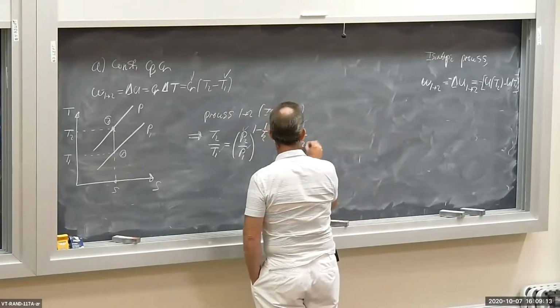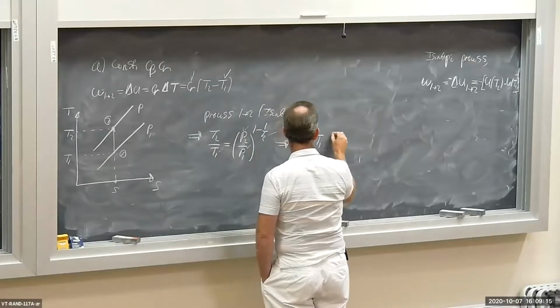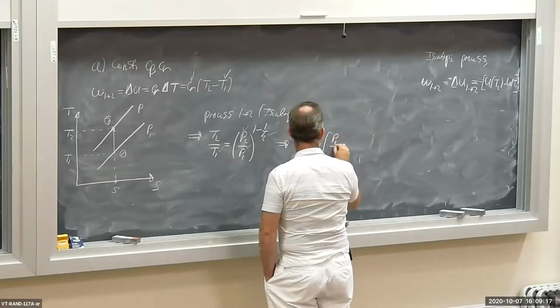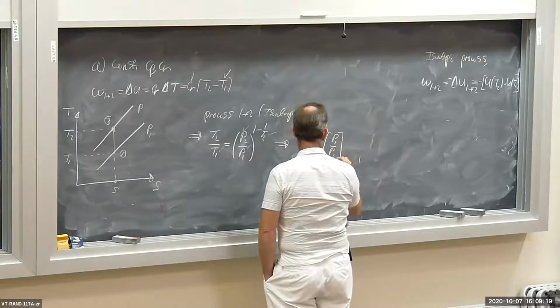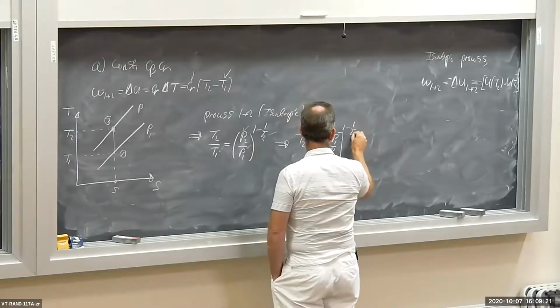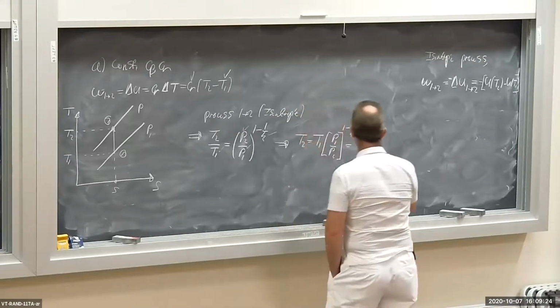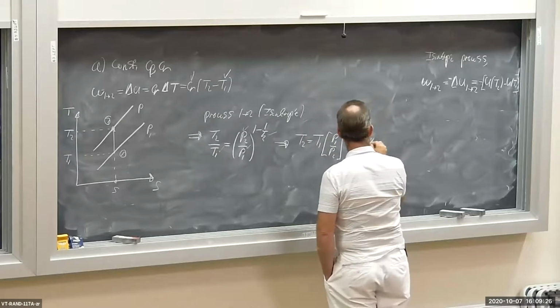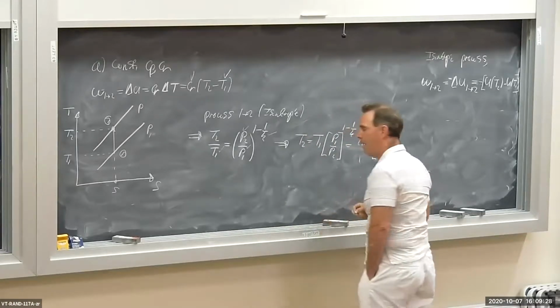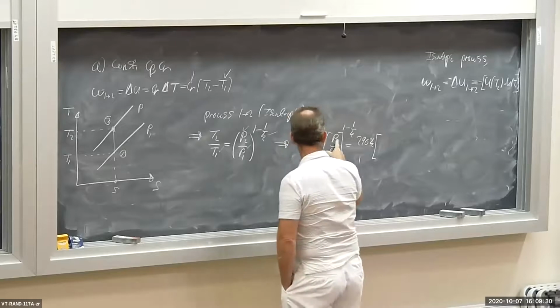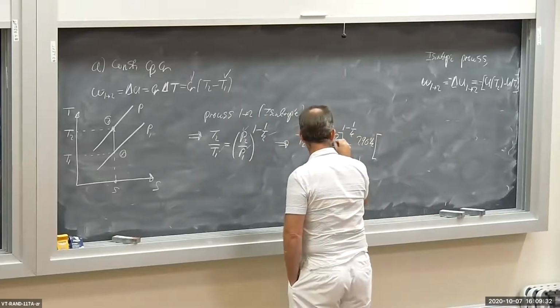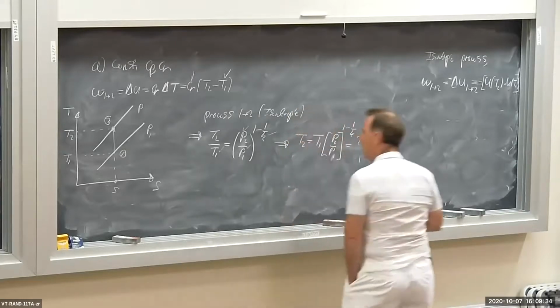Let's see here. T2 is equal to T1 times (P2 over P1) to the power of 1 minus 1 over K. T1 is 290 degrees Kelvin. I'm sorry, P2 over P1, not P1 over P2.